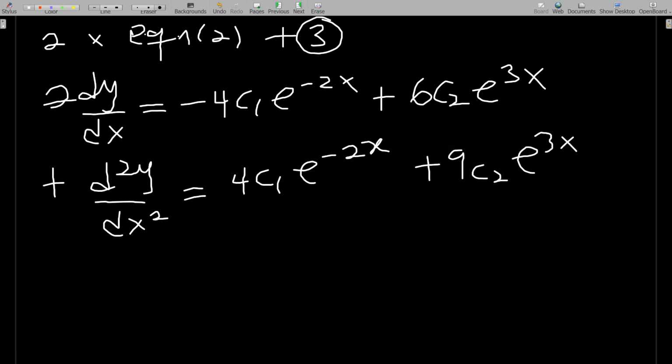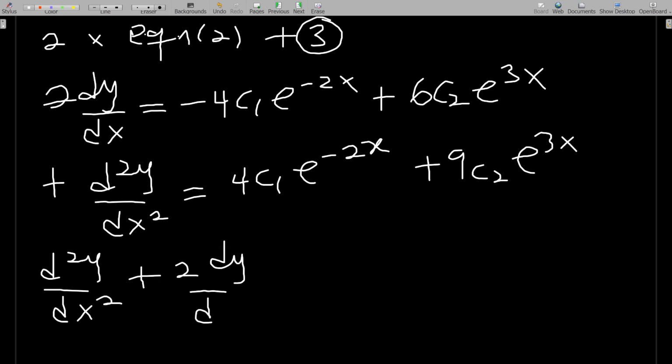So when you add these two, what you have is d squared y dx squared plus 2 dy dx is equal to, this is negative, this is positive, when I add, I get 0. Now I have 15c2 e to the 3x, and this is equation 5.